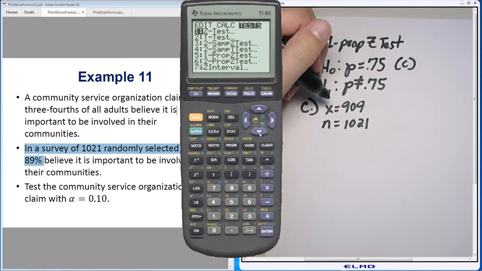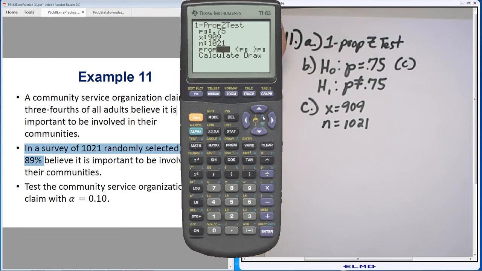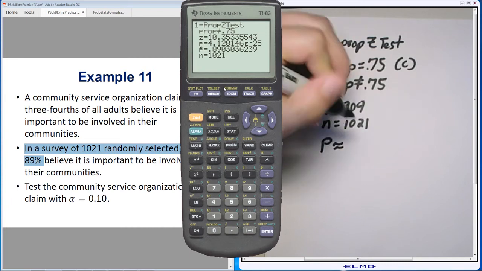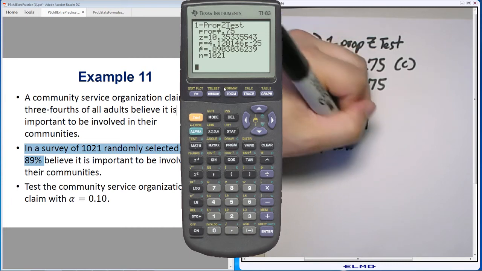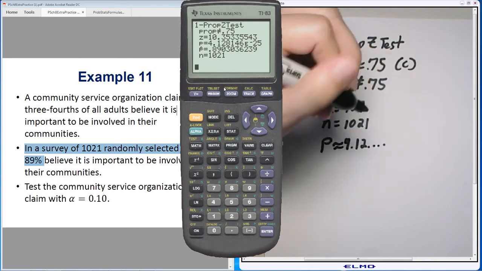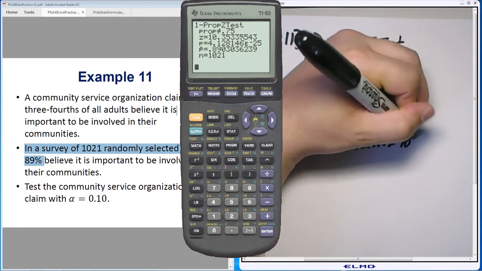Now let's go back. Stat test number 5. 909, 1021, and not equal to. When we hit calculate, we get an answer. Alright, so P value is 4.12 and so on. Then there's this E negative 25. That means times 10 to the negative 25th power.